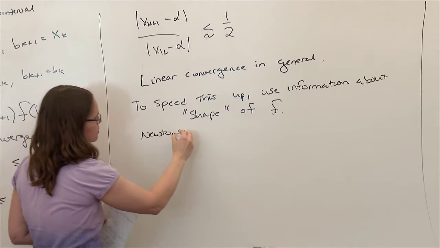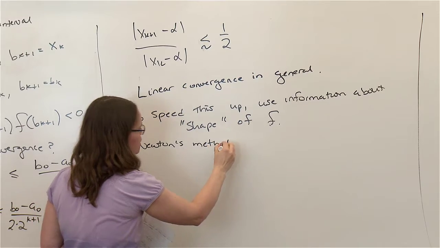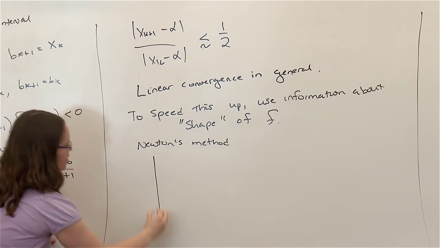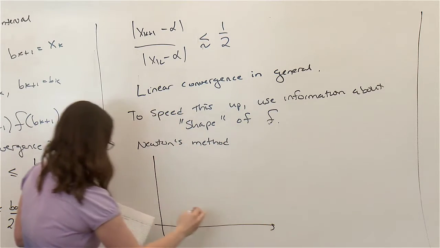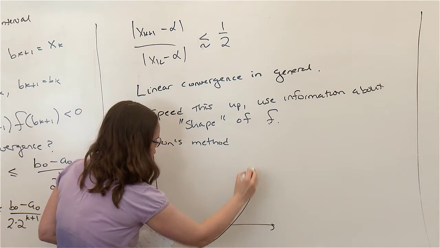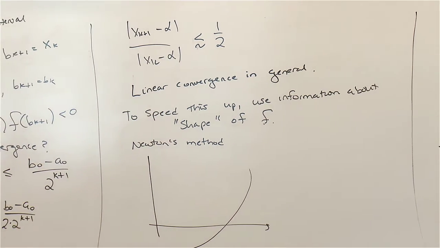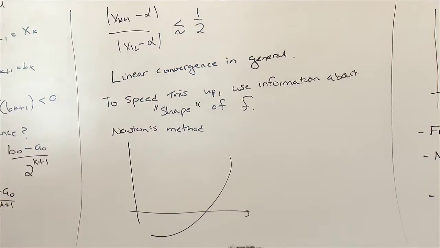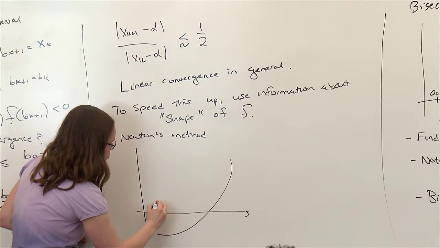So this is Newton's method. And again, there's a fairly easy picture of how Newton's method works. So I have some function I'm trying to find the root of. I start with some initial guess.